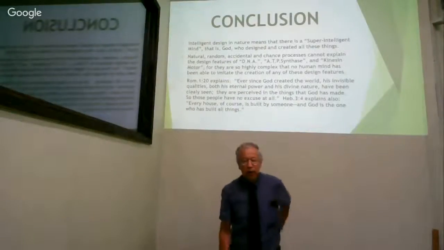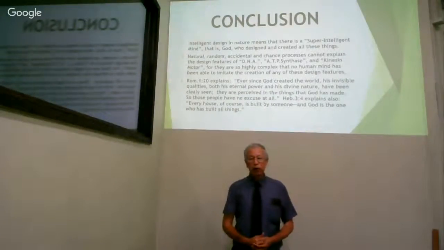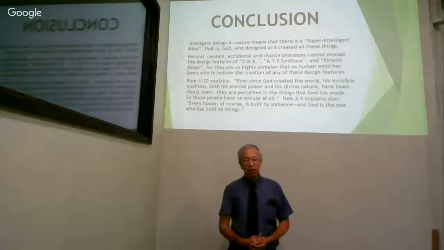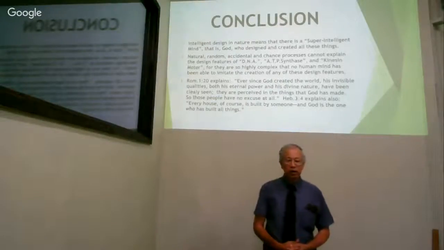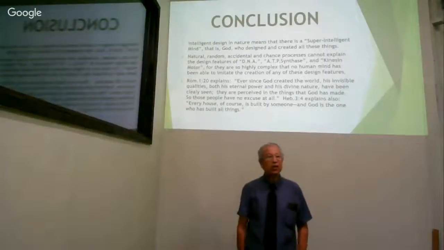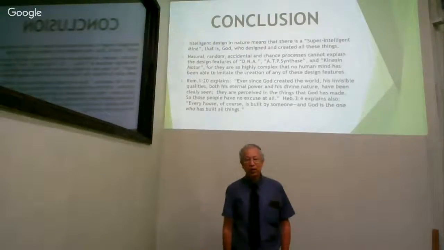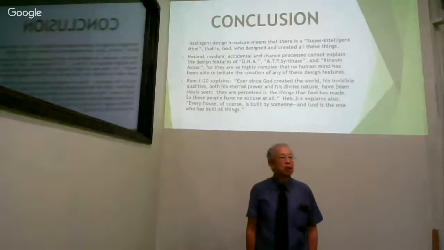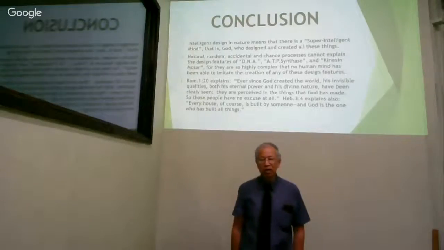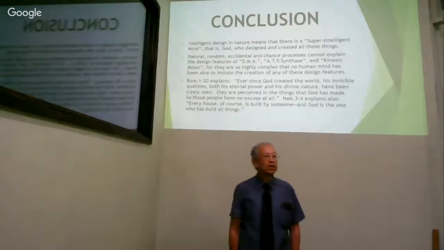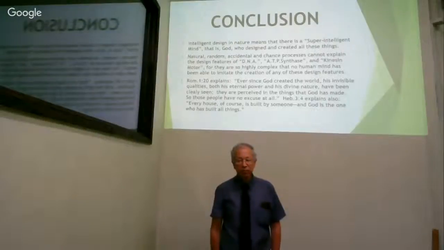Okay, and so in the first section of our apologetics class, we saw that intelligent design in nature means that there is a super intelligent mind, that is God, who designed and created all these things.